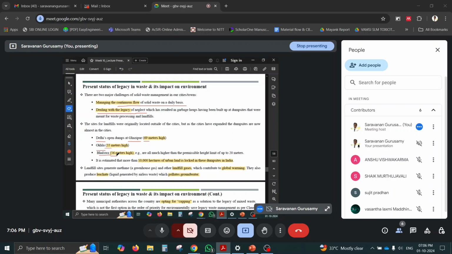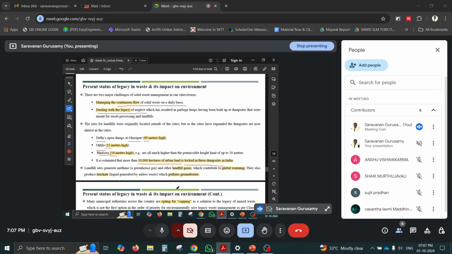In India, based on a CPCB report, 10,000 hectares of urban land is locked only in the dump sites. We have in India more than 3,082 dump sites, occupying 10,000 hectares of urban land. If you take 1 acre, 1 meter square of land area, 1 feet square, how much is it in your area?